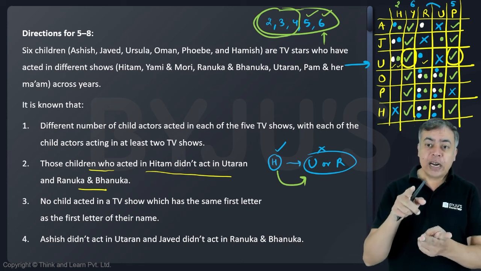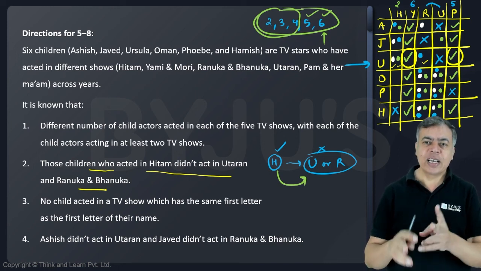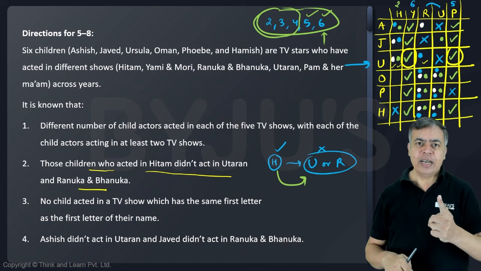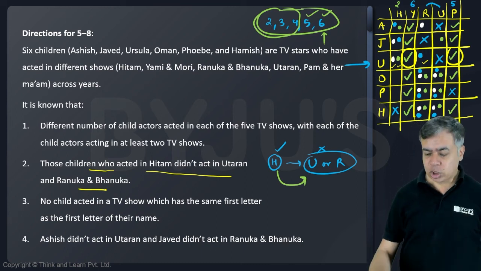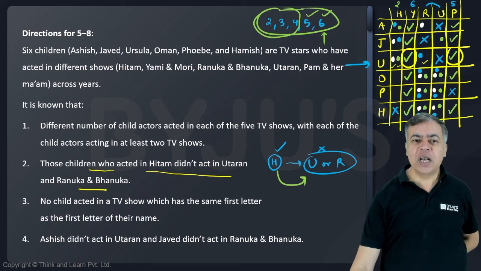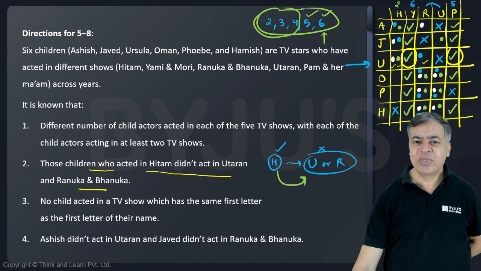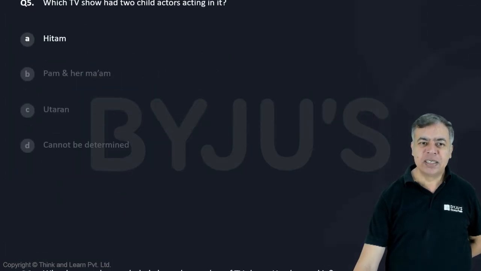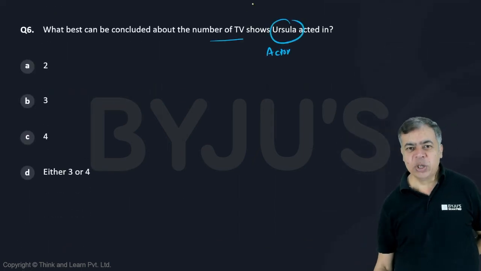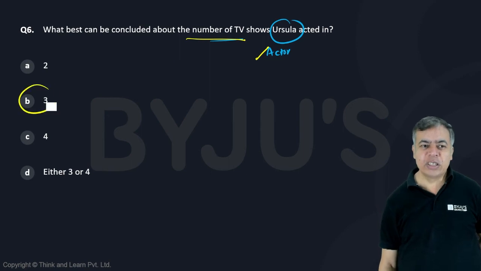Out of the blue dot, green dot, or white dot, there will be one of the cases. So there will be one more show. That means 3 shows. I took U initially as Uttaran, that show, but here U is the person, the actor acting in a number of shows. Number of shows was 3.